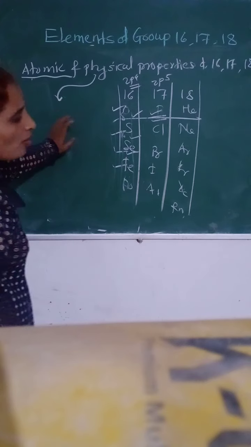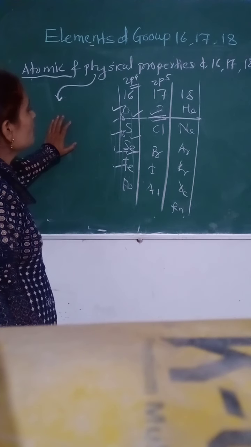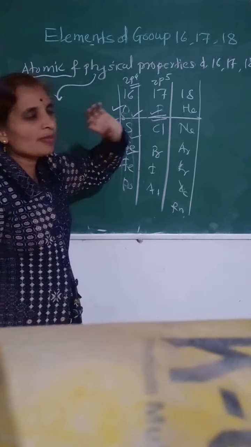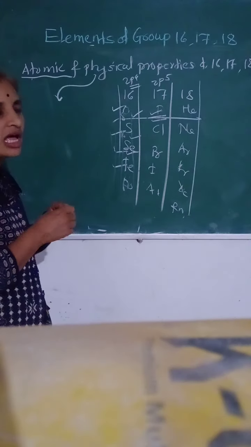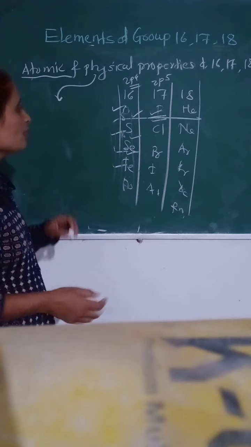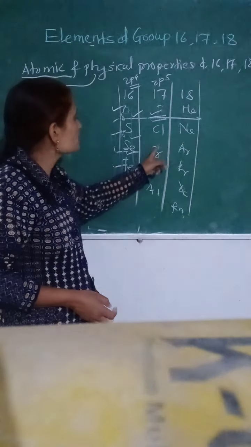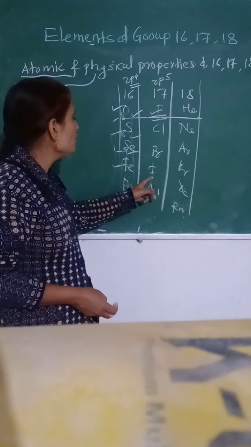they are in gaseous state, monoatomic molecules. This is the physical property, meaning their existence: gas phase, solid phase, liquid phase. Fluorine is gaseous, bromine is in liquid phase, iodine is in solid phase.